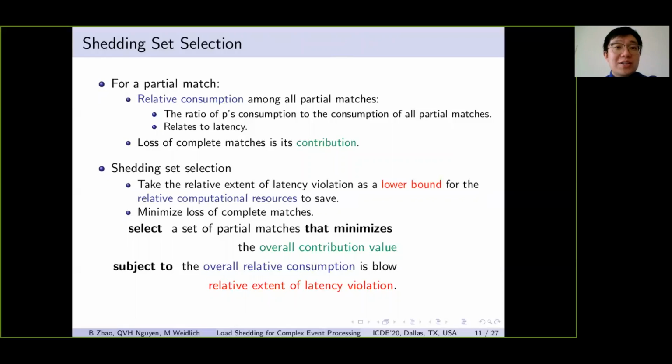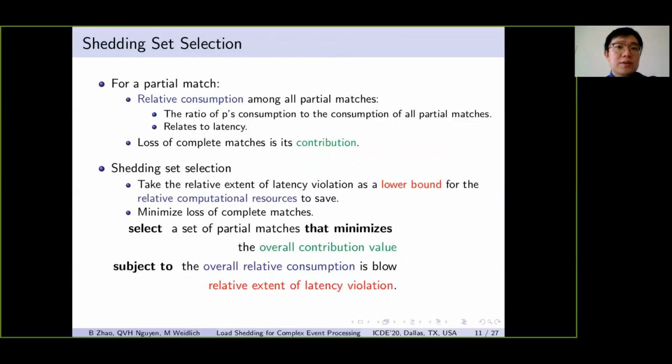That is, we select a set of partial matches that minimize the overall contribution value, but subject to the condition that the overall relative consumption is below the relevant extent of latency violation. This is a kind of knapsack problem, which is NP-complete.